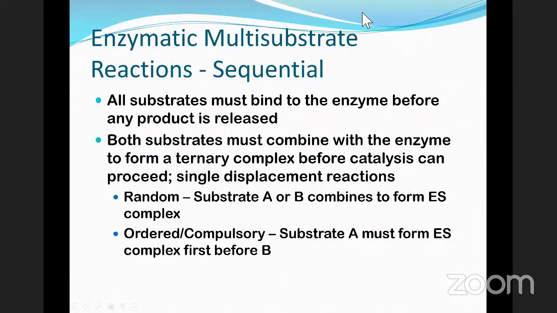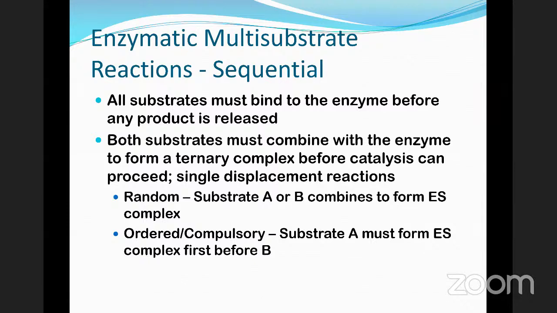Okay. So first, we would go to your sequential. So all substrates must bind to the enzyme before any product would be released. So in both instances, both substrates must combine with the enzyme to form a complex before catalysis can proceed and produce a product.